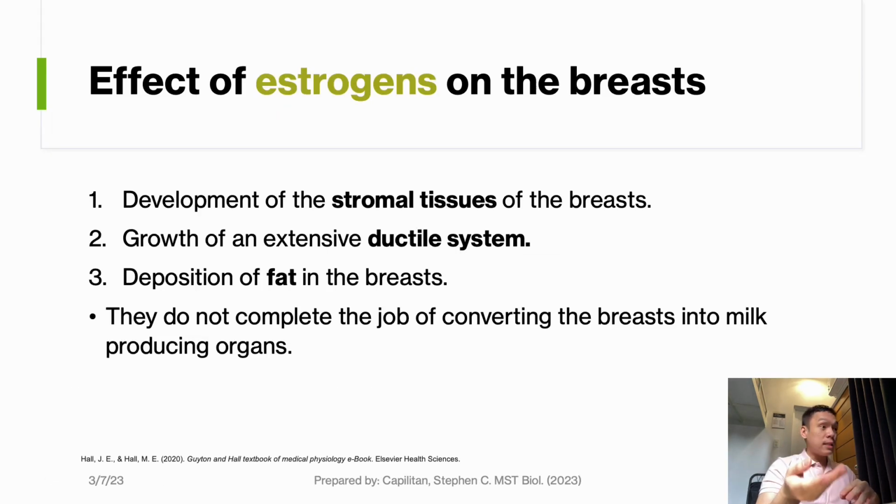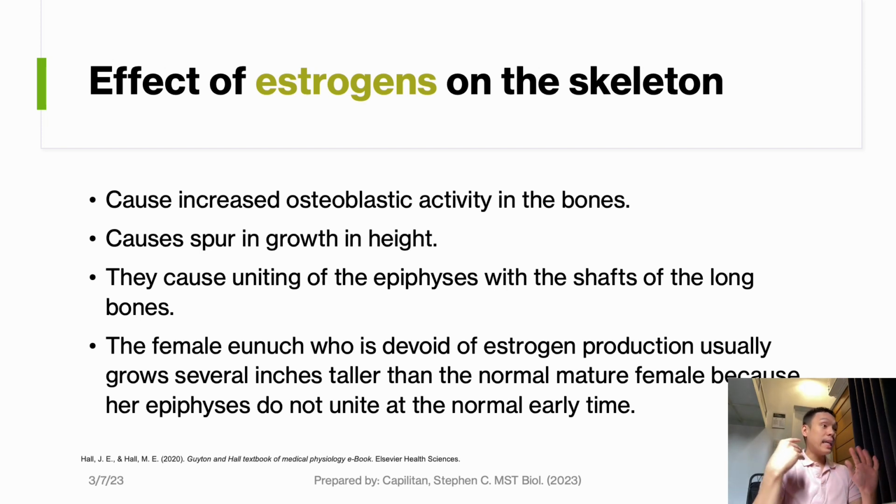Their effects on the breasts: development of the stromal tissues of the breasts, growth of an extensive ductal system, and deposition of fat in the breasts, but they do not complete the job of converting the breasts into milk producing organs. On the skeleton, they cause increased osteoblastic activity in the bones, and cause a spurt in growth in height.